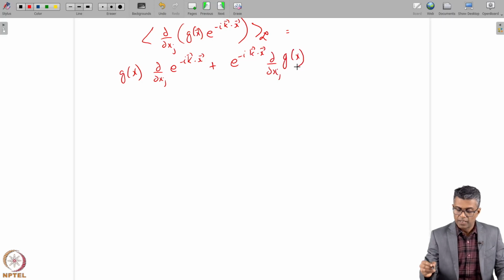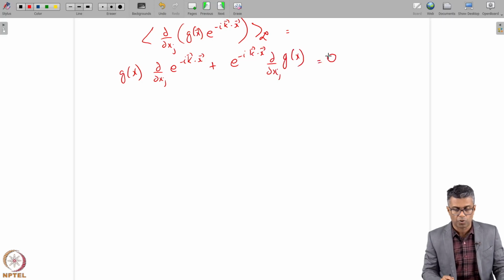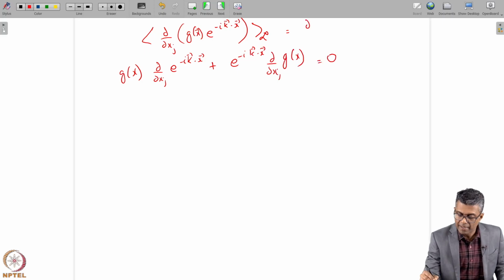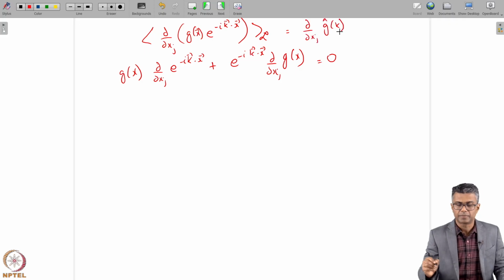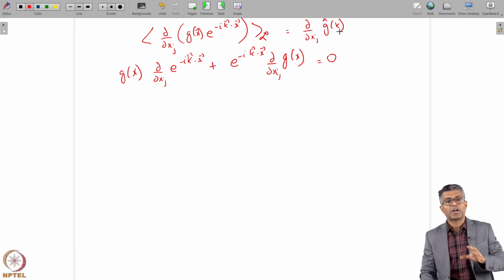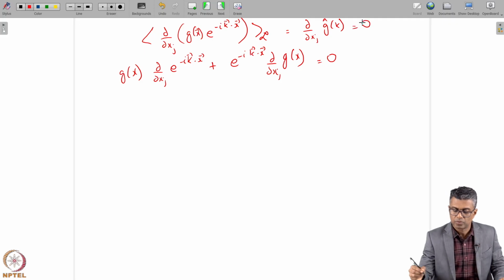Isn't it? This would actually turn out to be 0, because here I am taking a ∂/∂xj of ĝ(κ). ĝ(κ) is in Fourier space, and I am taking a derivative with respect to it, which is going to be equal to 0.